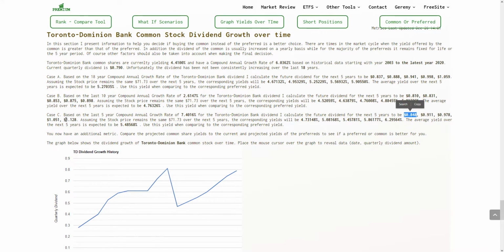Assuming the stock price remains the same, $71.73 over the next 5 years, the corresponding yields will be 4.7%, 5%, 5.4%, 5.8%, and 6.2%. The average yield over the next 5 years is expected to be 5.4%. Use this yield when comparing to the preferred yield.